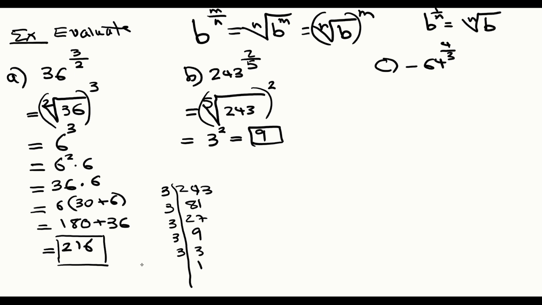Okay, so in the next one, we realize the negative is not being raised to the power of 4/3, so it's not in parentheses, so we're just going to carry the negative, and we end up with the cube root of 64, and once we have found out what that is, we're going to raise that to the power of 4.